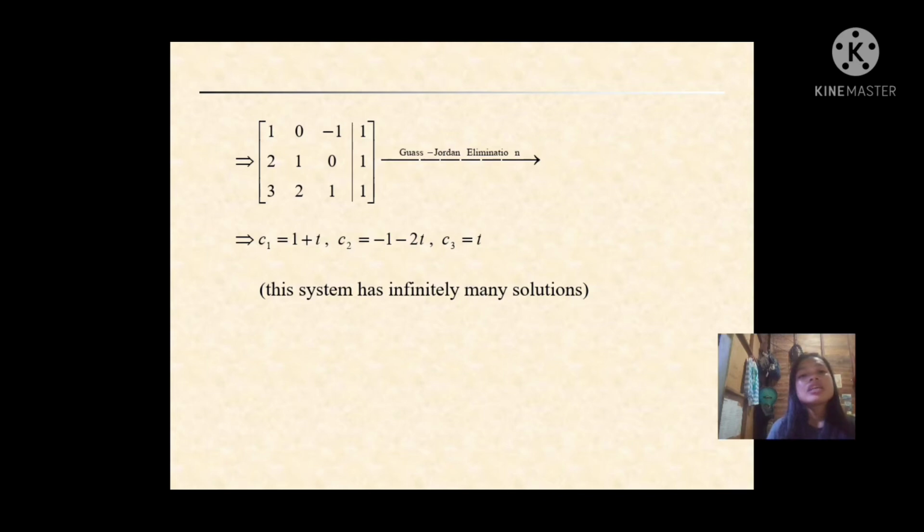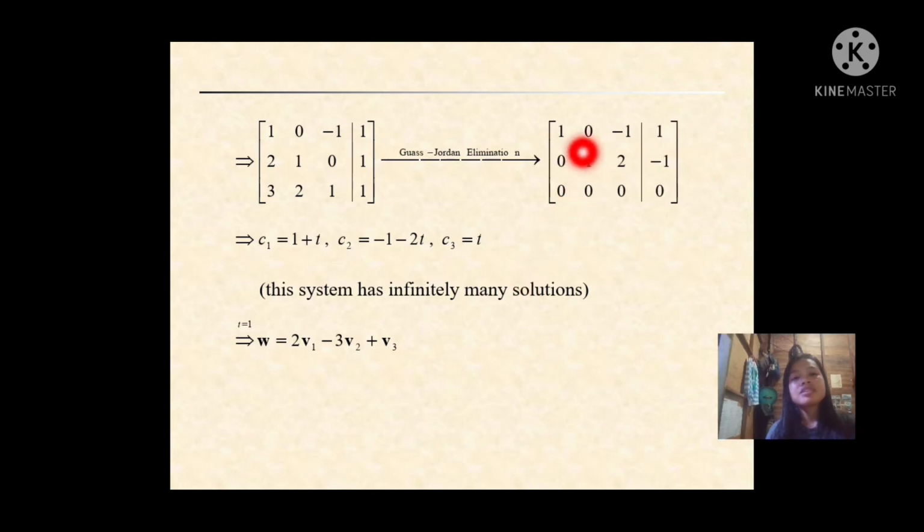For Gauss-Jordan elimination, this matrix will be, for this, W equal to 2 V sub 1 minus 3 V sub 2 plus V sub 3. The matrix will result in 1, 0, negative 1, then 1, 0, 1, 2, negative 1. Then the last row 0, 0, 0, 0.